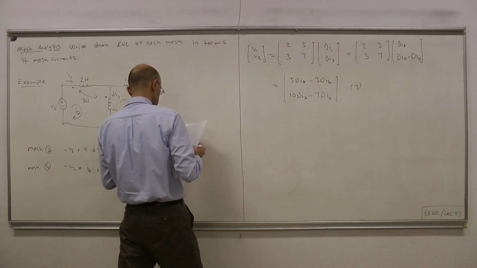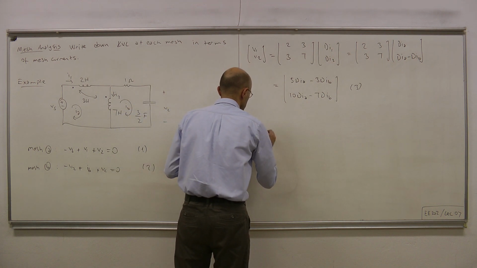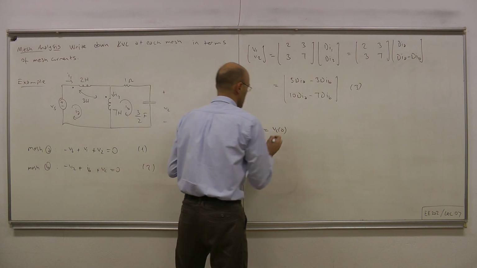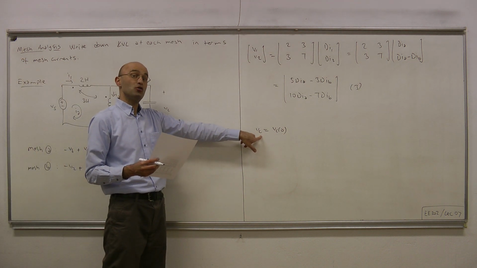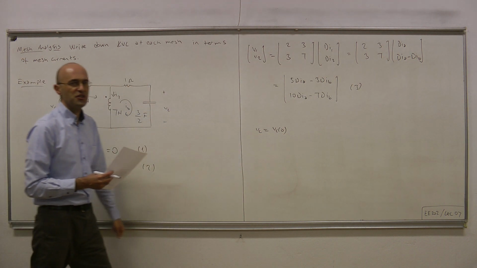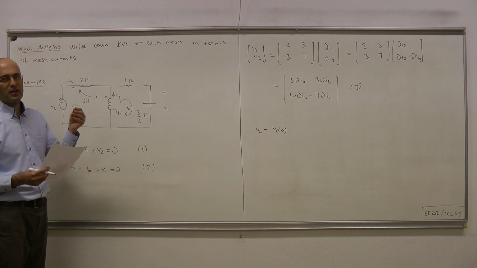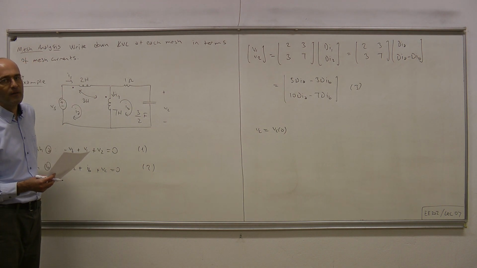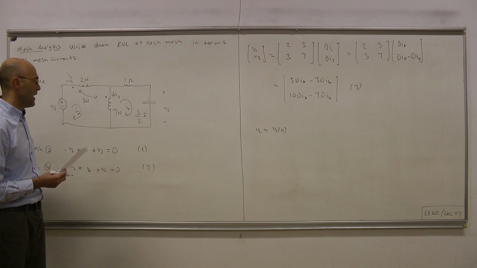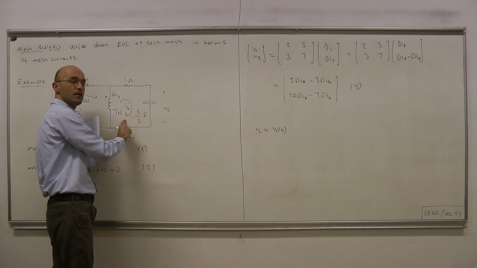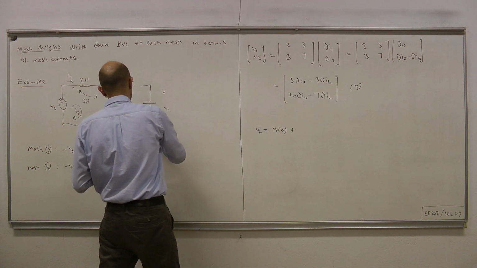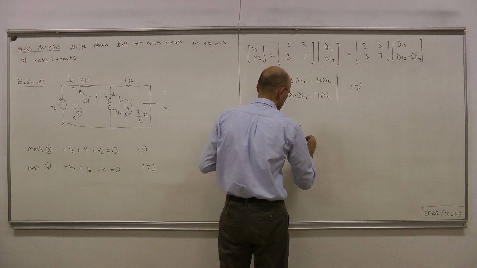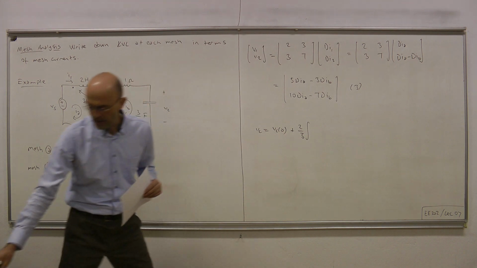As for VC, it's also easy. By VC we mean of course VC of t. VC of t equals VC(0) plus 1 over the capacitance, and then you integrate the capacitor current. And the capacitor current is no other than the second mesh current. Hence we have plus 1 over C, 2 over 3, then you integrate it.